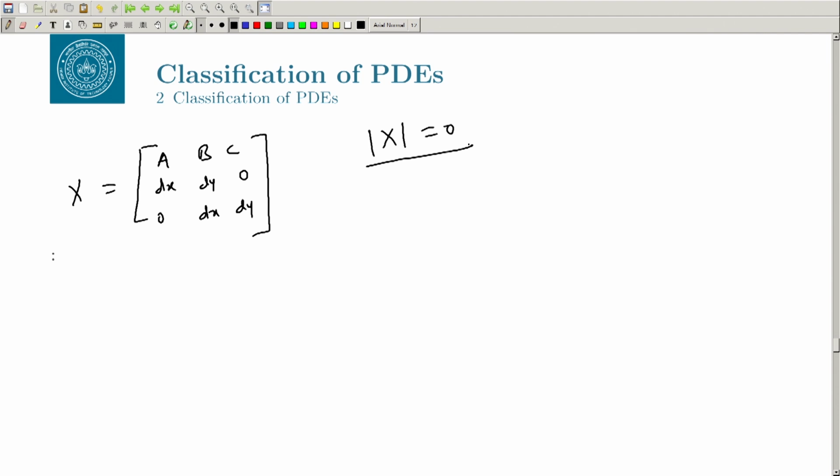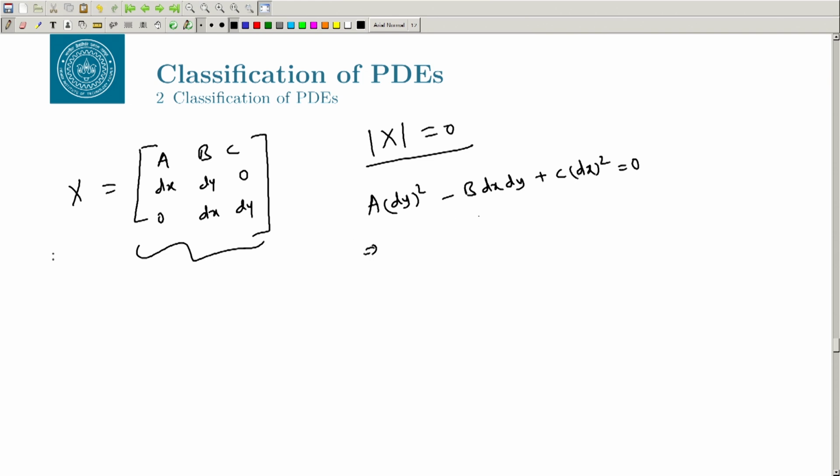So, how do you define the determinant? I am writing the determinant of X: A dy square minus B dx dy plus C dx square is equal to 0. That is the determinant of this matrix.